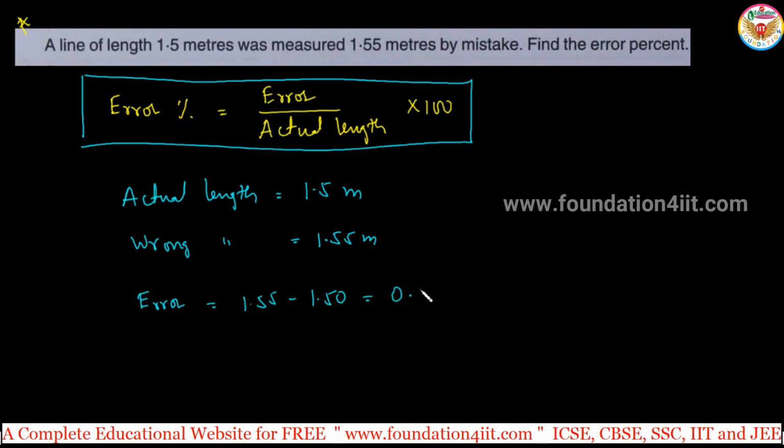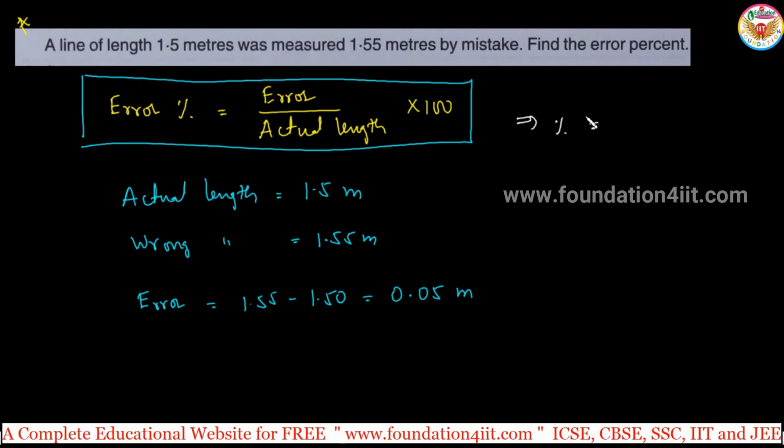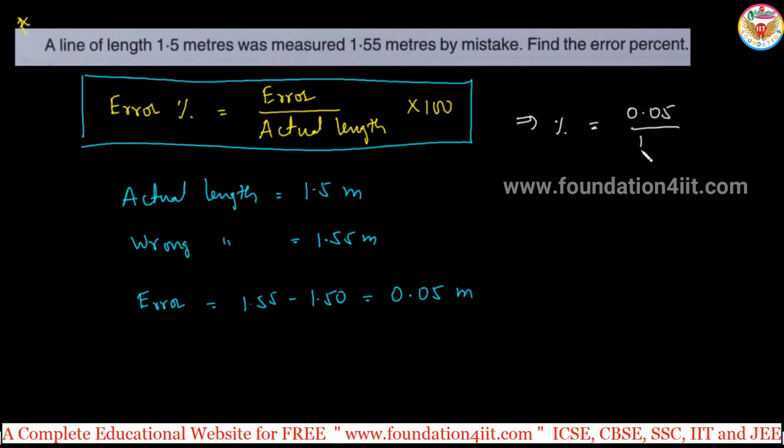So 0.05 meters is the error. Now as per this formula, to find the error percentage: the error is 0.05 divided by the actual length 1.5, into 100.